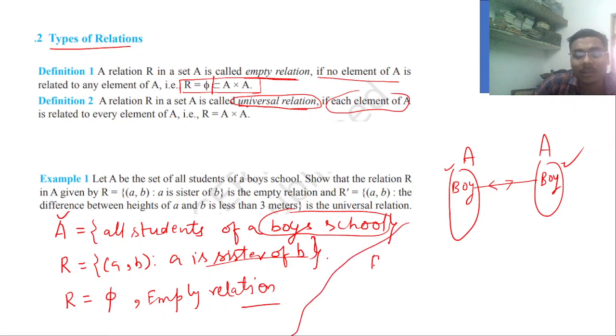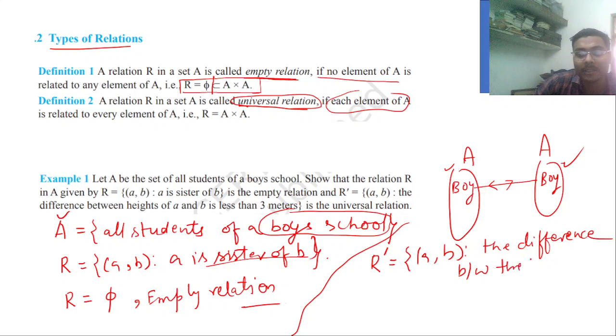In part B, they are giving us another relation, (a, b) such that the difference between the height of a and b is less than 3 meters.